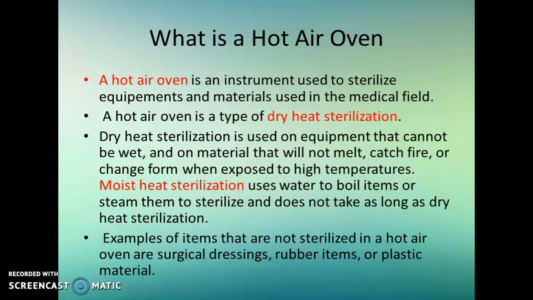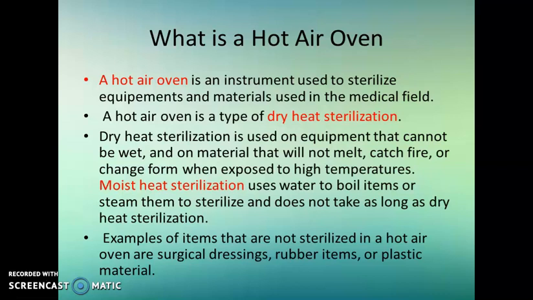So in this dry heat sterilization, as I told, a higher temperature is required for this method. So we should sterilize materials which are capable of withstanding high temperature, that is, they do not melt or catch fire, and there is no need for any wet or moist conditions.